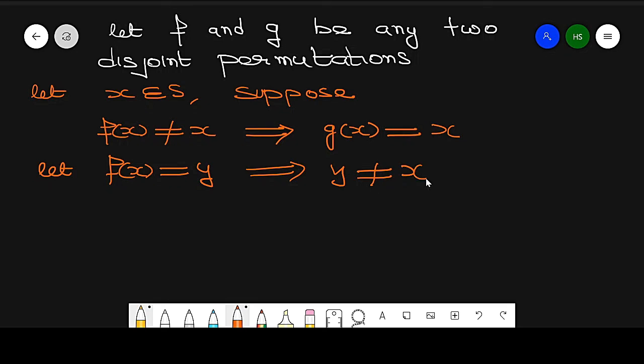First I take F of G of X, which is F of Gx. What is the value of Gx?